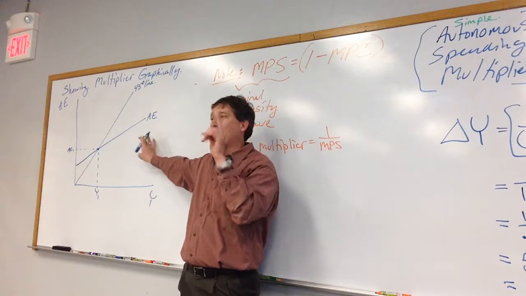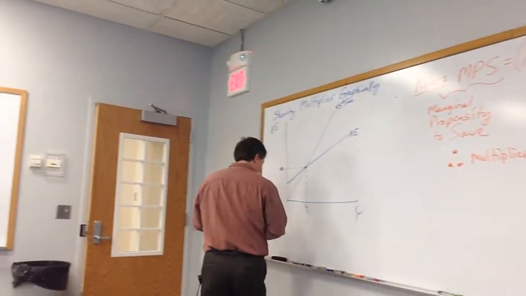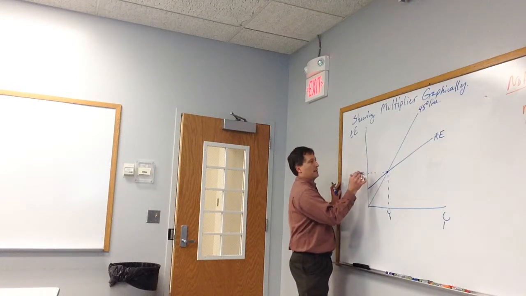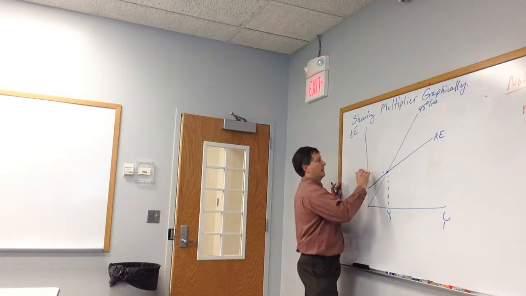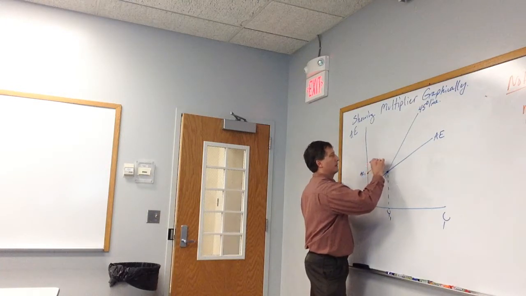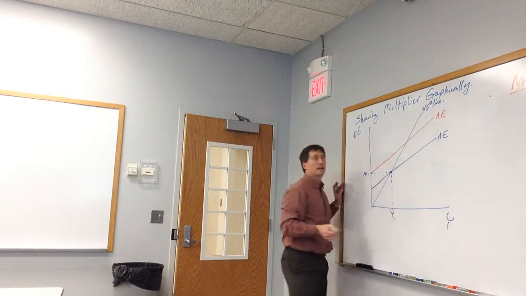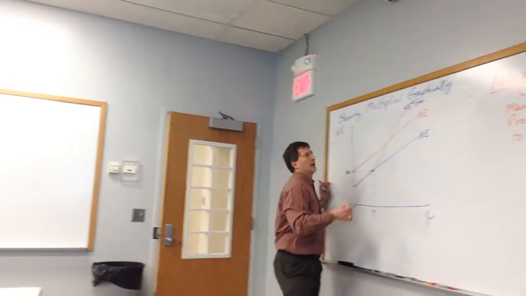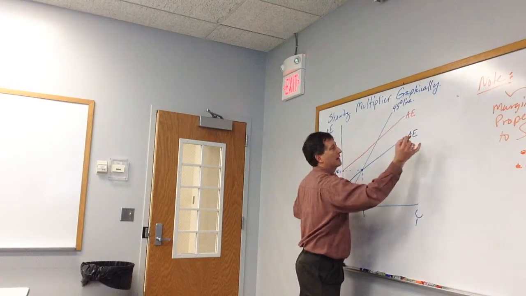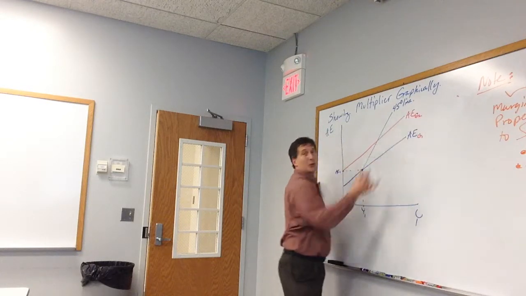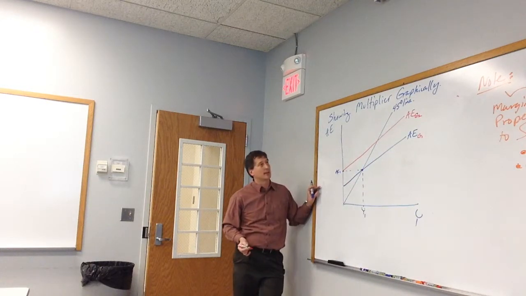It shifts up, right? So we have that parallel shift up. It doesn't have to be up to this level, but make it a parallel shift like that. And you might put yourself a reminder, since we had G1 and G2, that is the reason it shifted. That was the autonomous part that shifted.